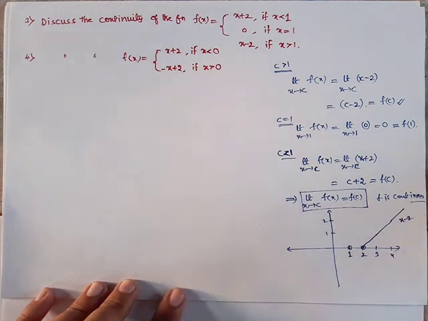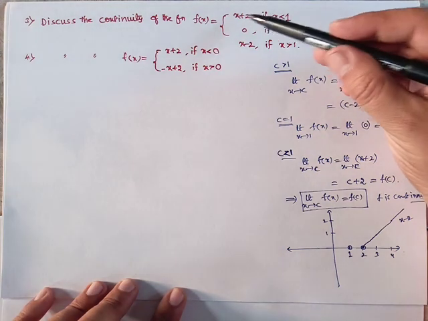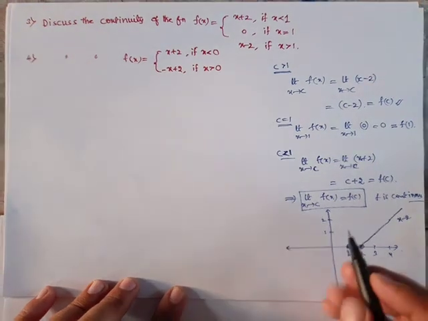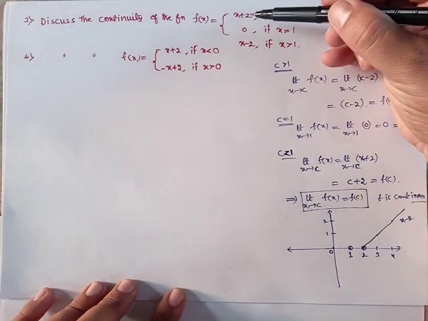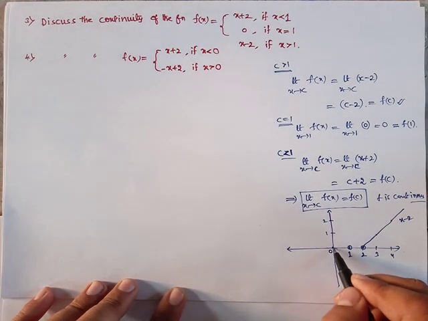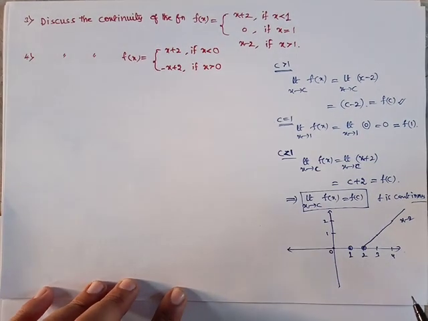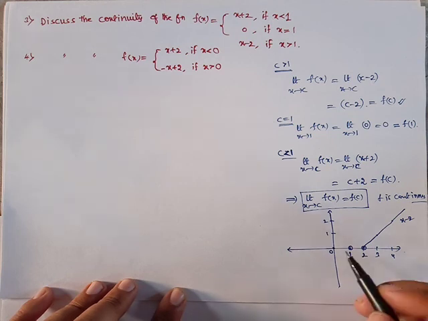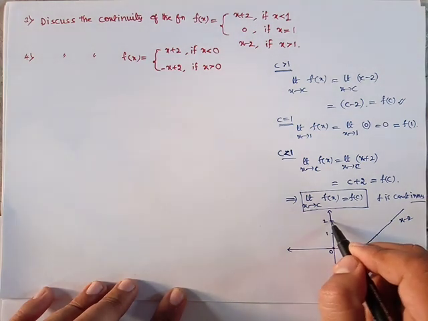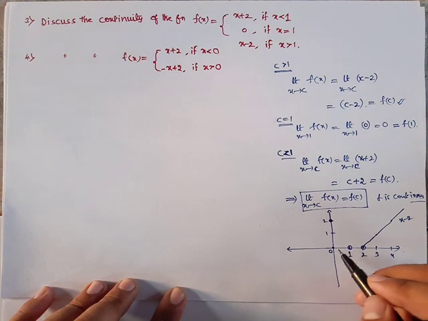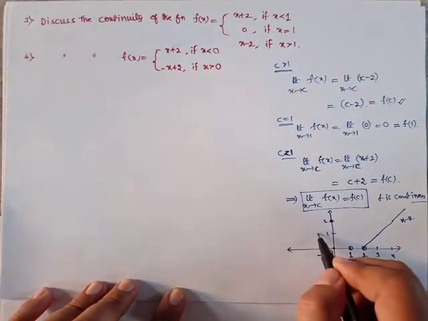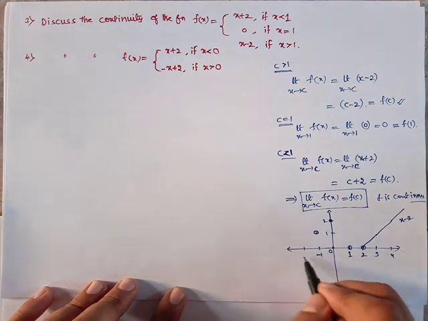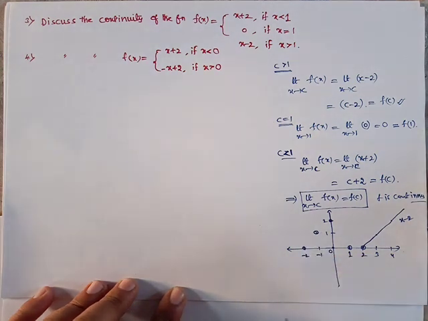And coming to the next, the x less than 1 case, it will be x plus 2 here. So at 0, 0 plus 2 is equal to 2. So at x is equal to 0 it is taking 2, and at x is equal to -1, -1 plus 2 will be 1, and at x is equal to -2 this will be 0, and so on.